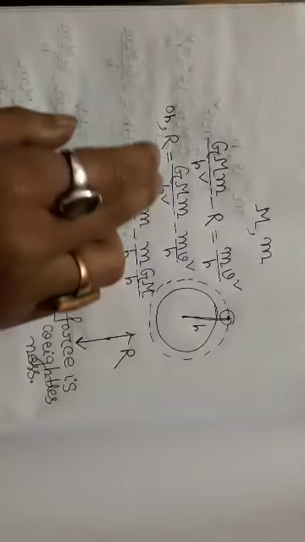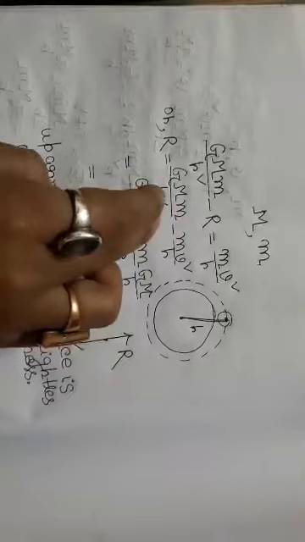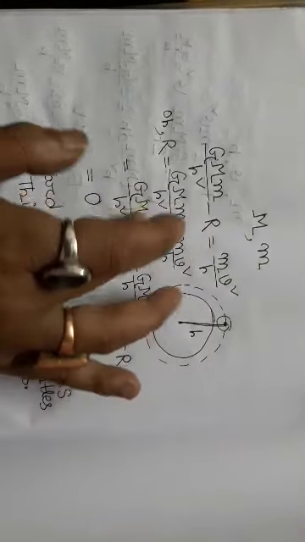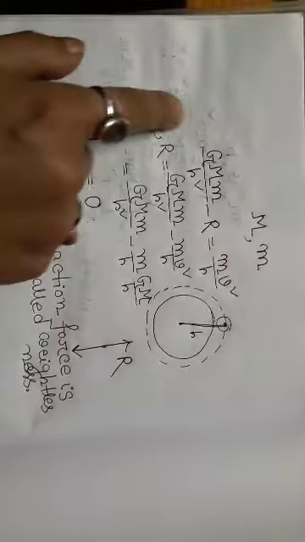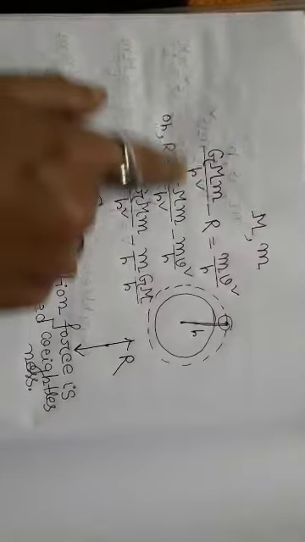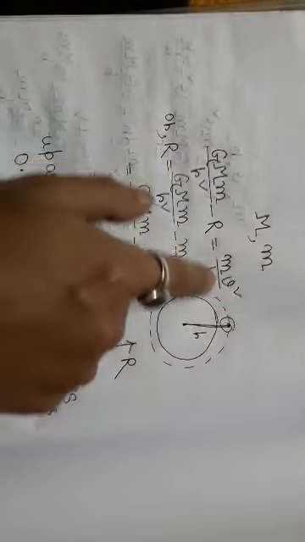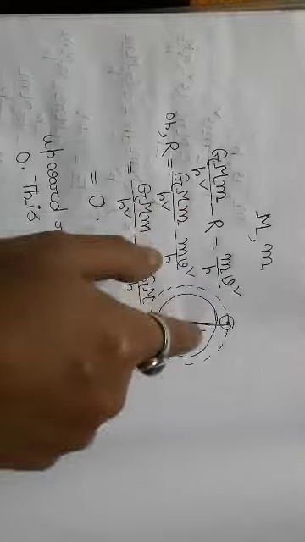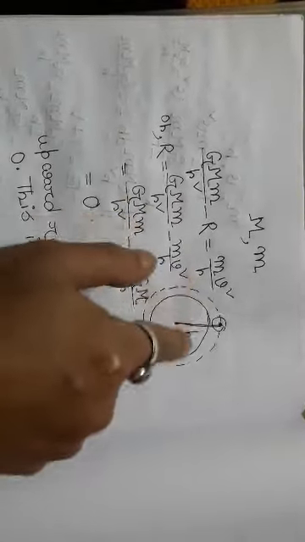Now first of all I repeat again, the earth is attracting the artificial satellite in the downward direction. Now there must be an opposite reaction force which we call R. Now the resultant of these two forces is this. Now this force is providing the necessary centripetal force to the satellite to rotate.